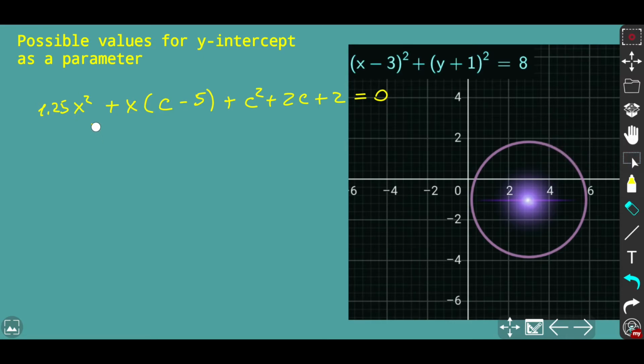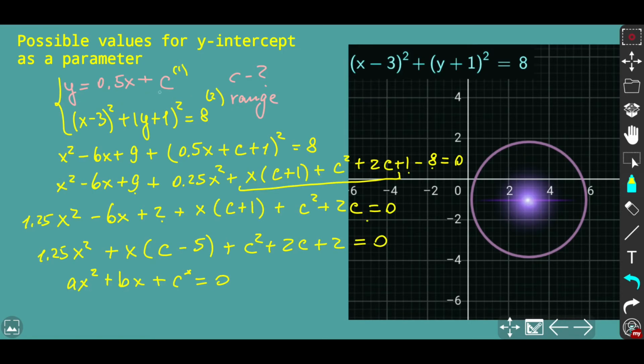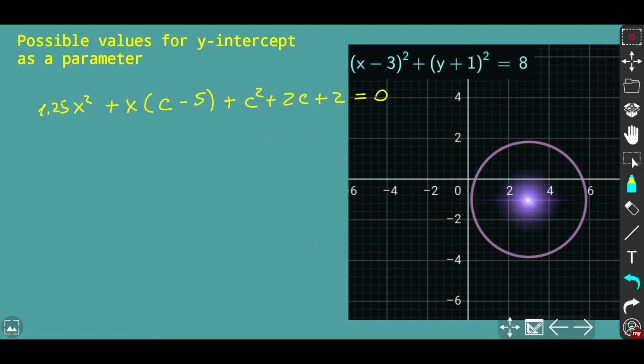And what I'm going to do, I'm just going to solve that using the discriminant. As you remember, it's the quadratic formula, and I can use that. But I'm not going to find x values because I want to answer the question: find the c range so that we will have at least one point of intersection. So that's why at least one point.